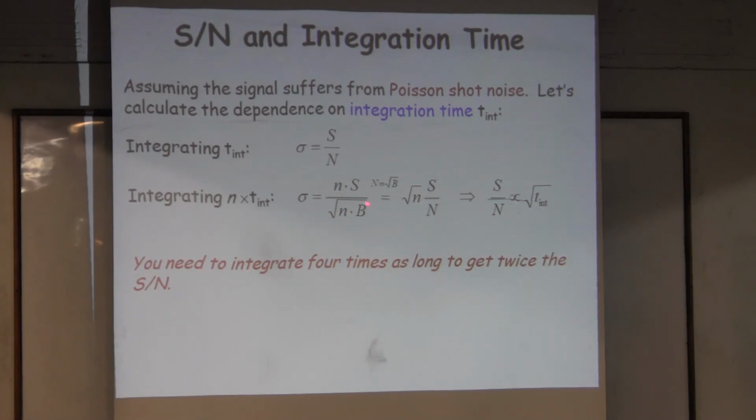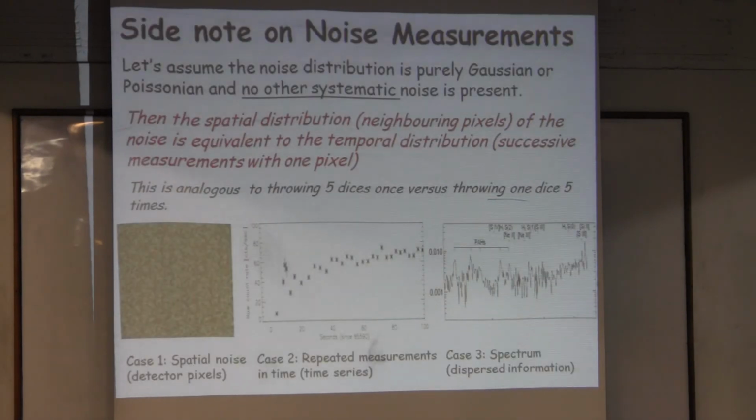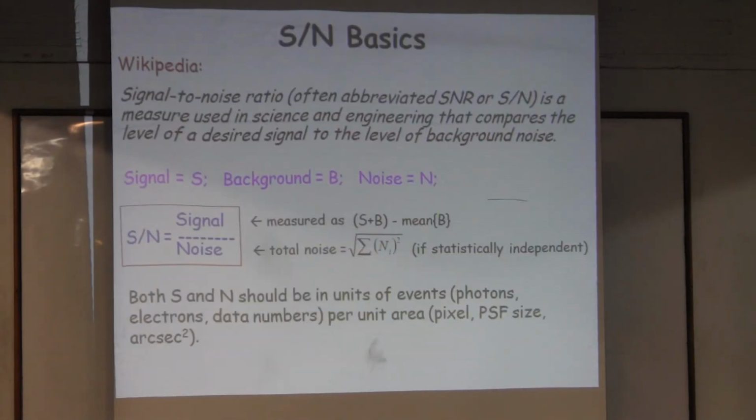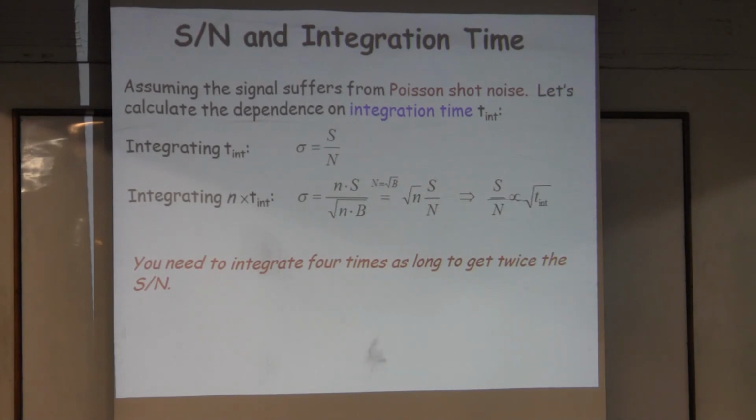But we know from the statistics here, right? Remember that if it's Poissonian distributed, the standard deviation, the noise, is the square root of the counts. So the noise increases as the square root of n times the background.